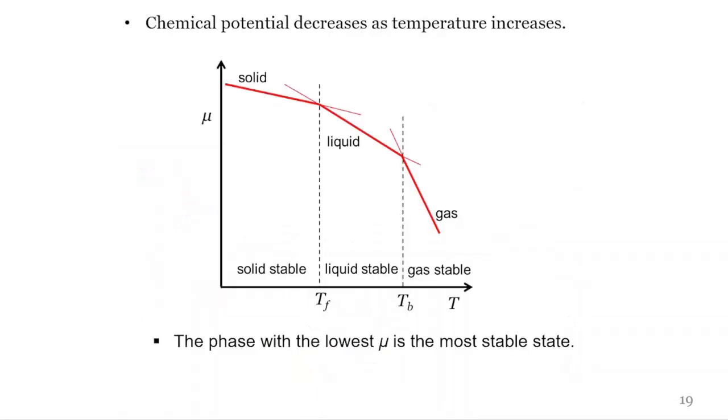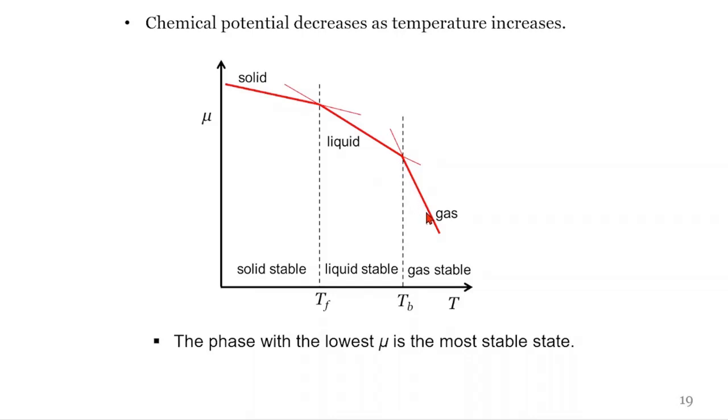Chemical potential decreases as temperature increases. So here is a plot of chemical potential against temperature. When the chemical potential is high, the solid phase is more stable. Increasing temperature decreases the chemical potential, leading to the liquid phase being more stable.